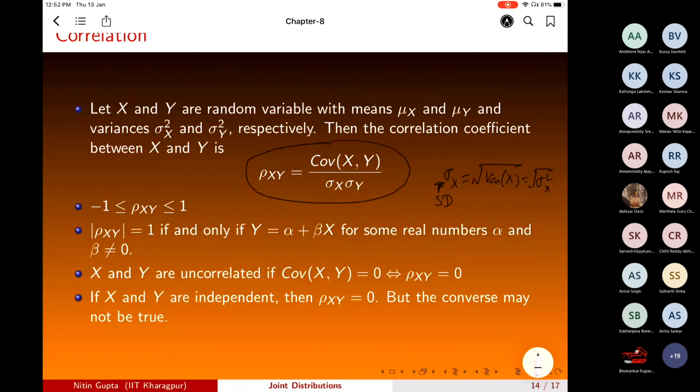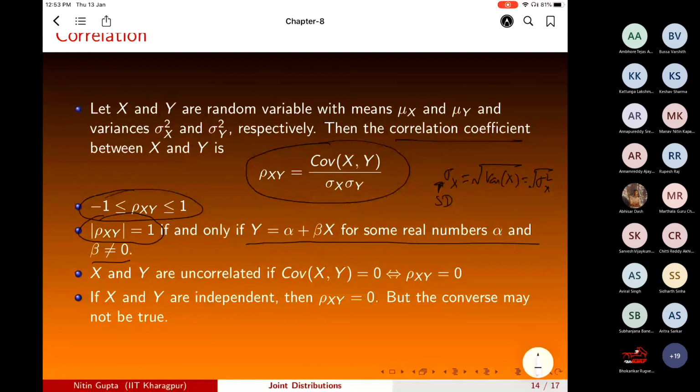So the correlation is covariance xy divided by sigma x sigma y. It can be shown that the correlation coefficient is between minus 1 and 1. And the mod of the correlation coefficient is 1 if and only if y is equal to alpha plus beta x for some real numbers alpha and beta, where beta is not equal to 0.